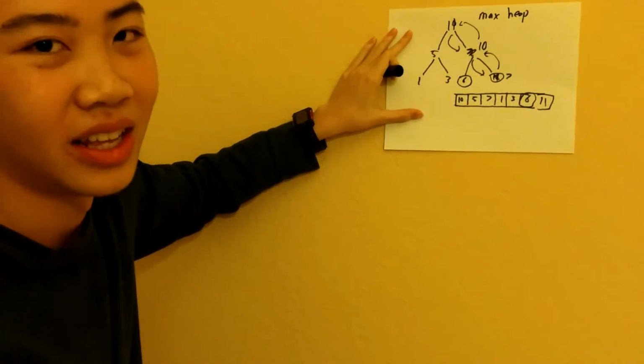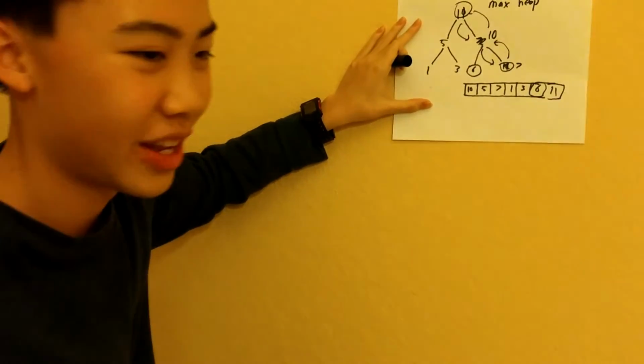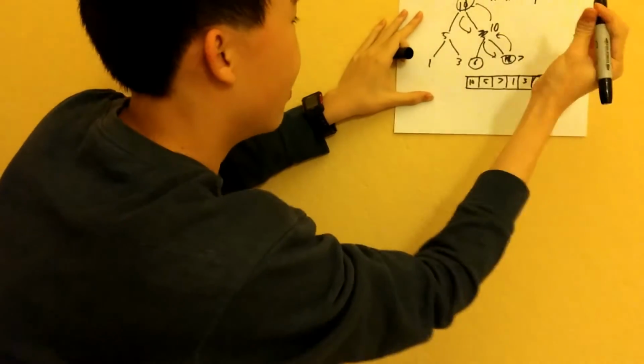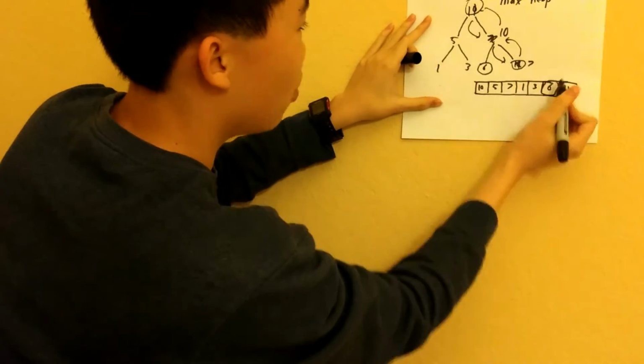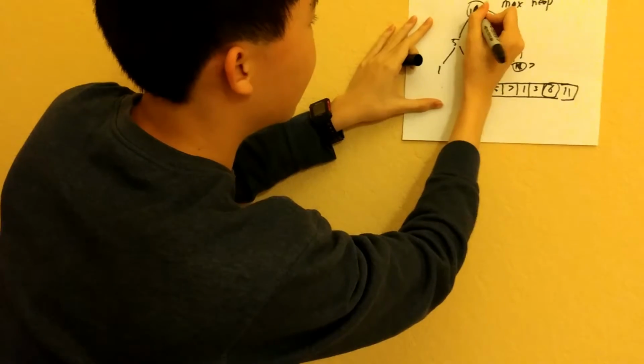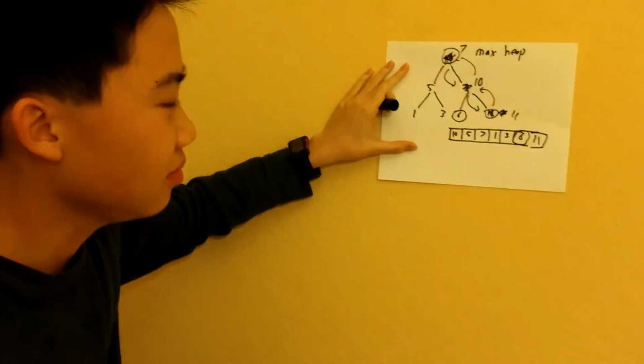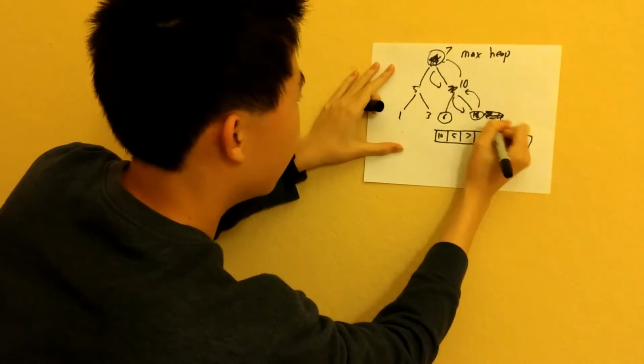And removing is also pretty easy because the largest element is always at the root, right? So when you remove, you swap it with the most recent element, 7 and 11. And then you remove from the tree.